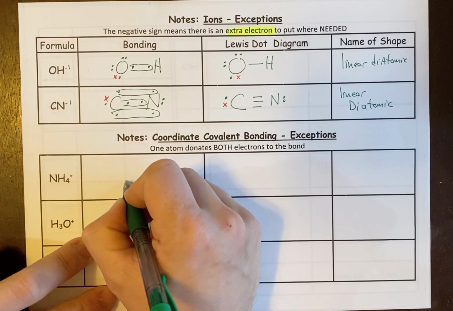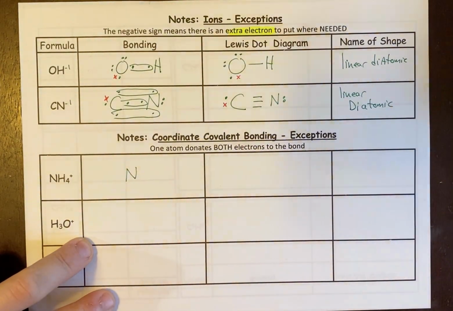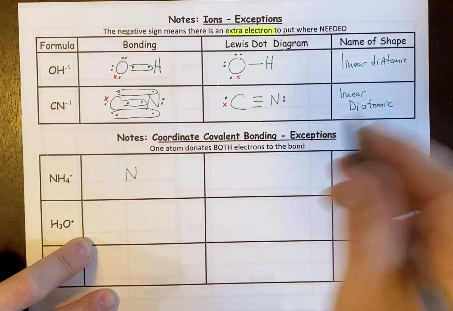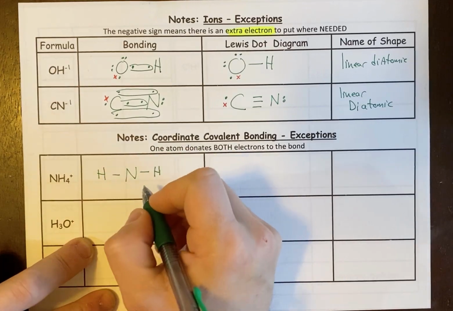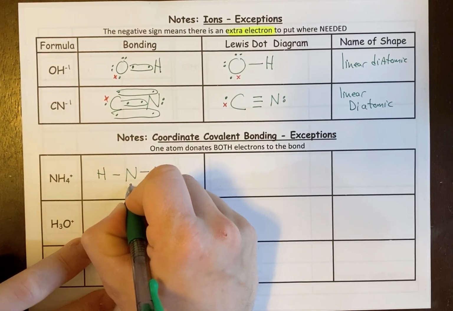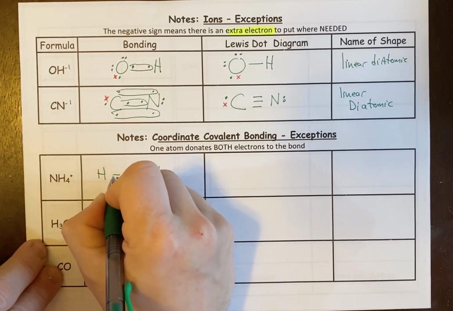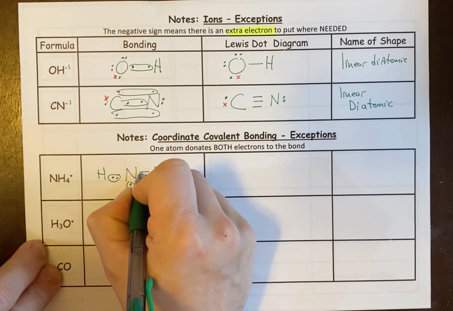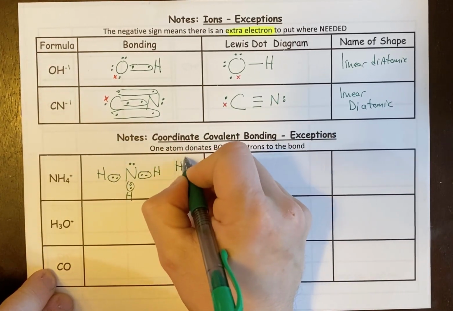So you start out with the base molecule, which is going to look like this guy, which is going to be NH4. So there's my molecule. And then you have an H+.